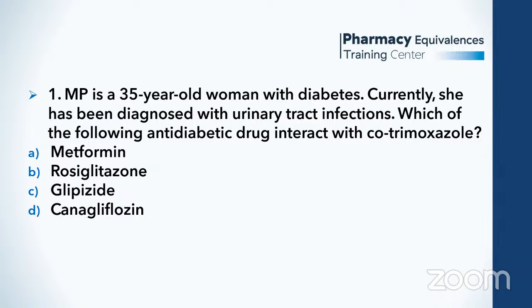So the main indication here is urinary tract infection. Which of the following antidiabetic drugs interacts with co-trimoxazole? Here, the drug of choice for urinary tract infection is the combination between trimethoprim and sulfamethoxazole under the name of co-trimoxazole.